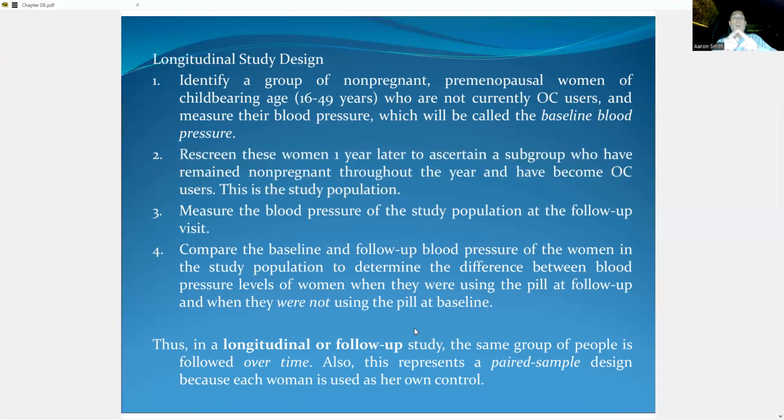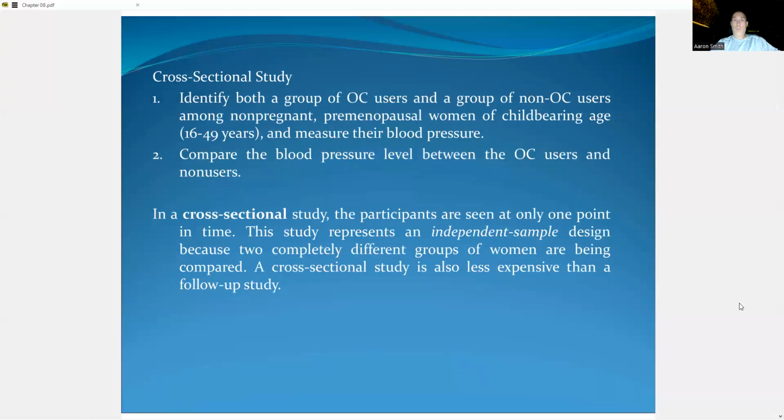So when I have the no contraceptive blood pressure and the contraceptive blood pressure, I match them up by the same person. That's an important aspect to the statistical analysis. So because of that, this is called a paired sample design, because each woman is used as her own control.